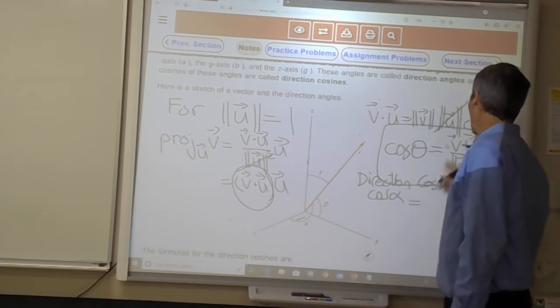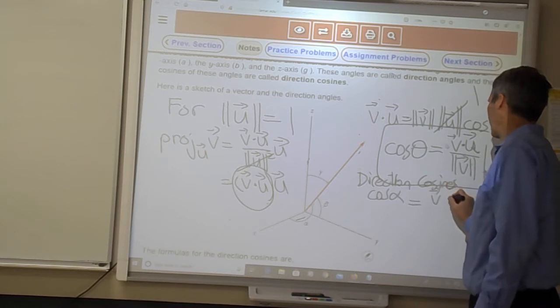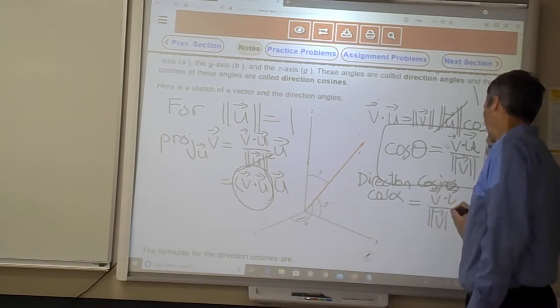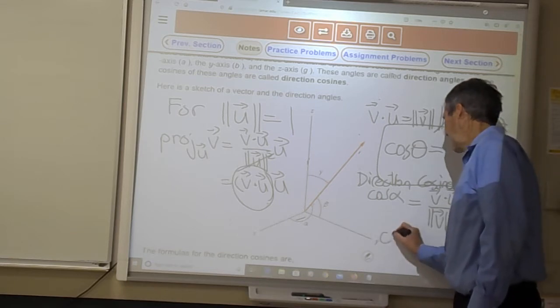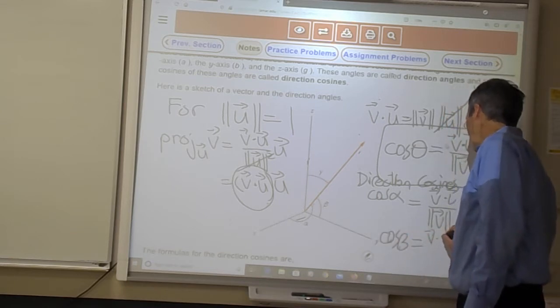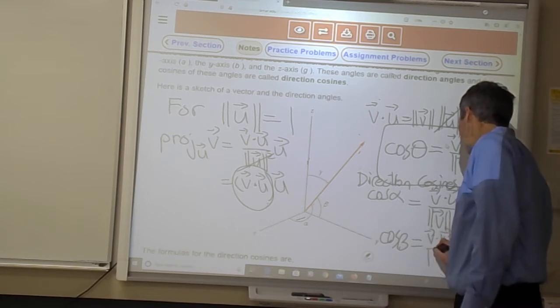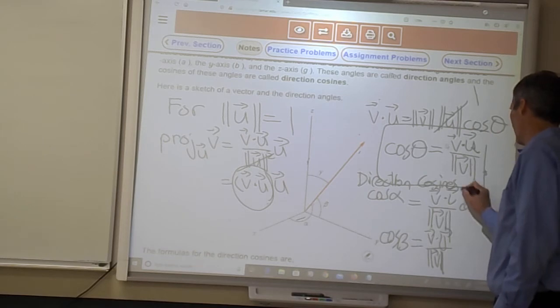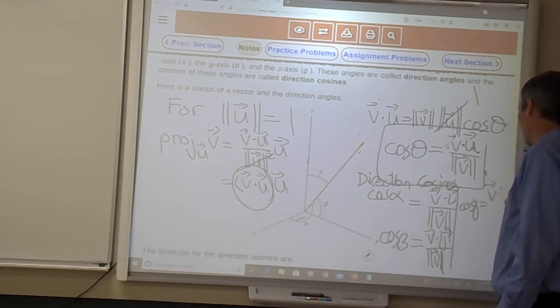The cosine of alpha is v dot i, a unit vector, over length of v. And the cosine of the angle to the y-axis, we just take v dot j over length of v. And similarly, the cosine of the angle to the z-axis is v dot k over length of v.